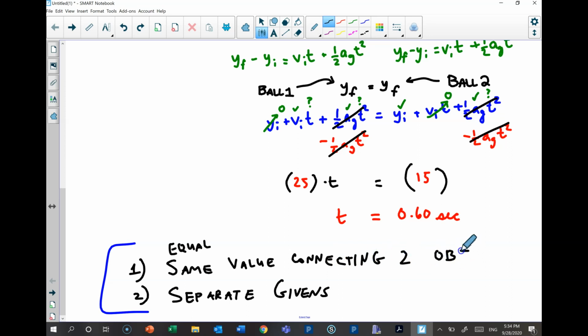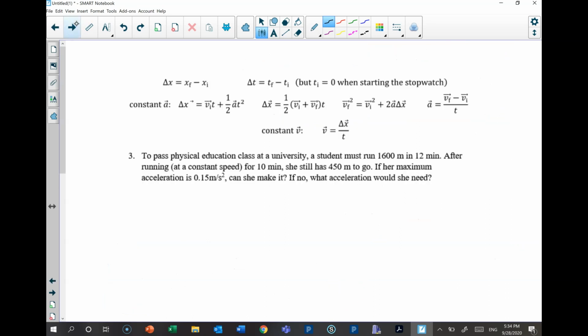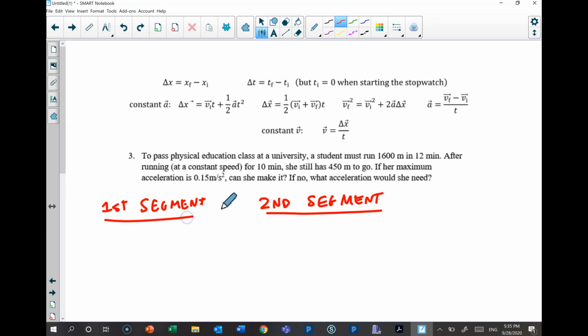And the other is separate the givens if different things are happening. That's the one we're going to need right now for problem 3. We notice that she ran at constant speed for 10 minutes. Let's call that the first segment. Then she accelerates during the second segment. Once we know that, we are off and running.